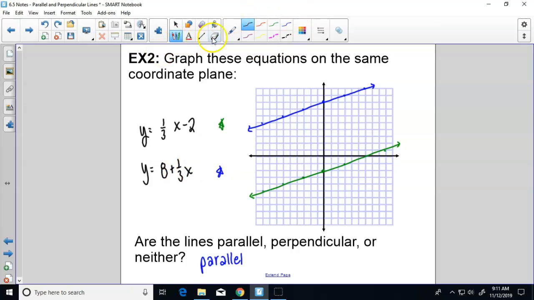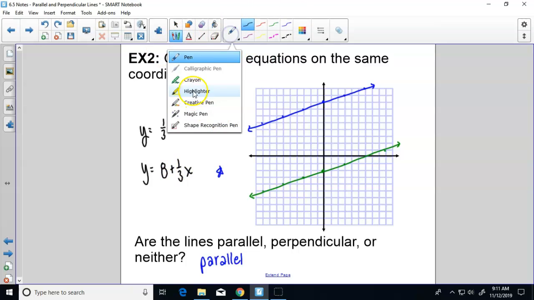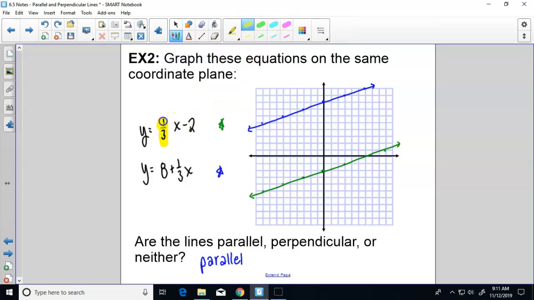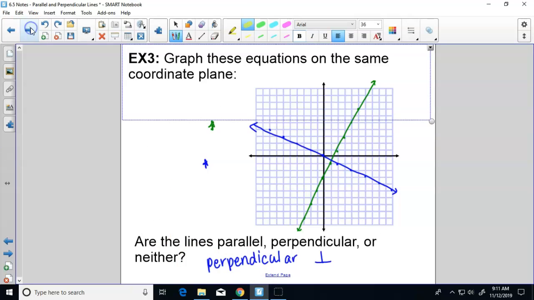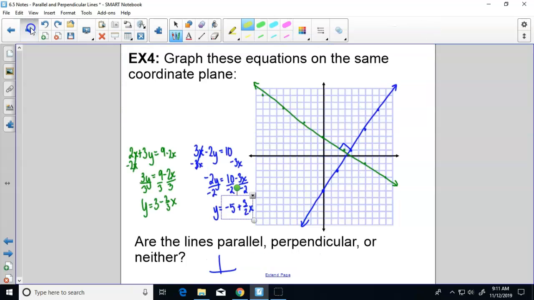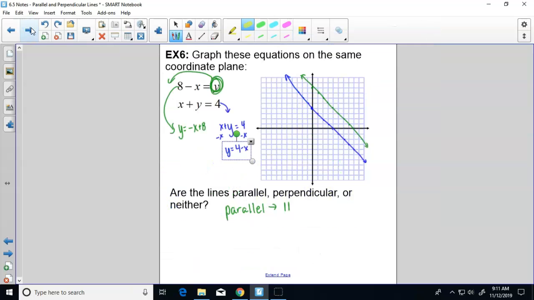Okay, so if we look at the slope of both of these lines here, we had 1/3 here, we had 1/3 here, they were parallel. Okay, those weren't parallel. Where's another? These were parallel. I had a slope right here of -1, a slope right here of -1. They were parallel.